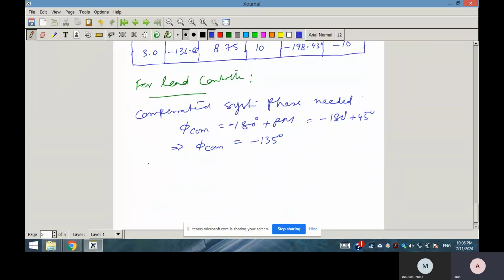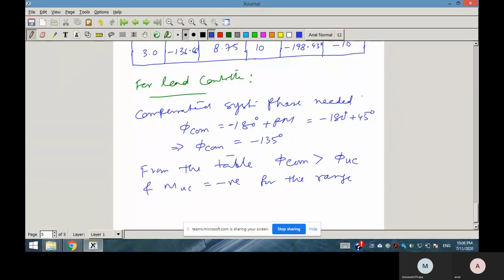So from the table, phi com is greater than phi UC, and M UC is negative for the range 8 less than or equal to omega less than or equal to 10.